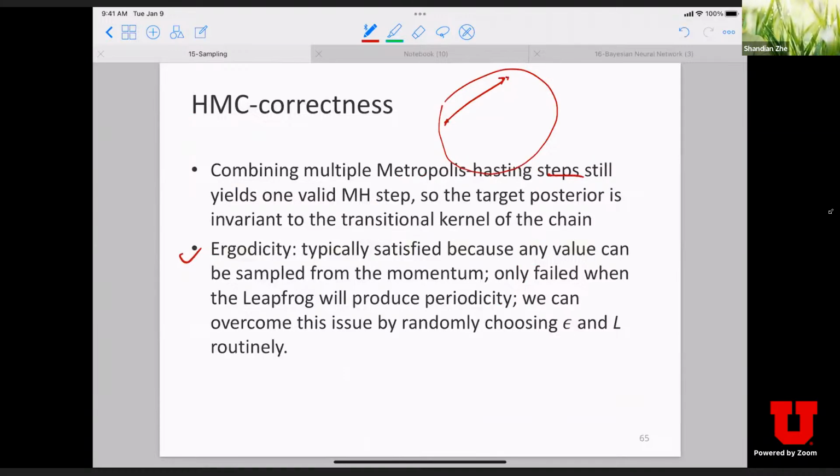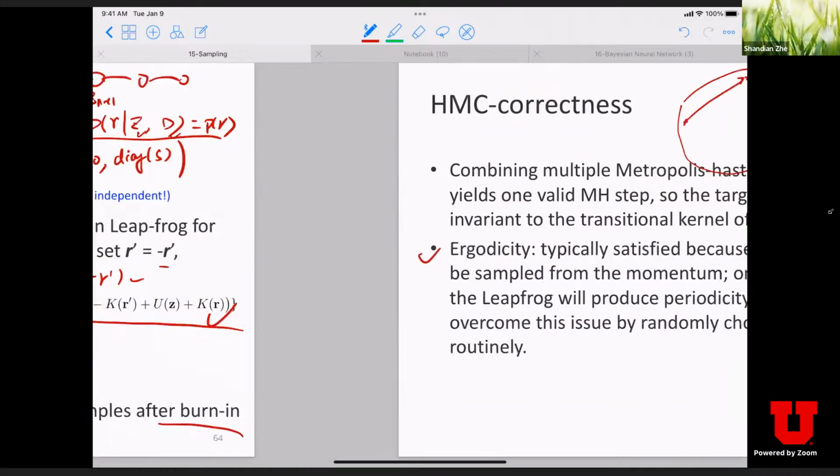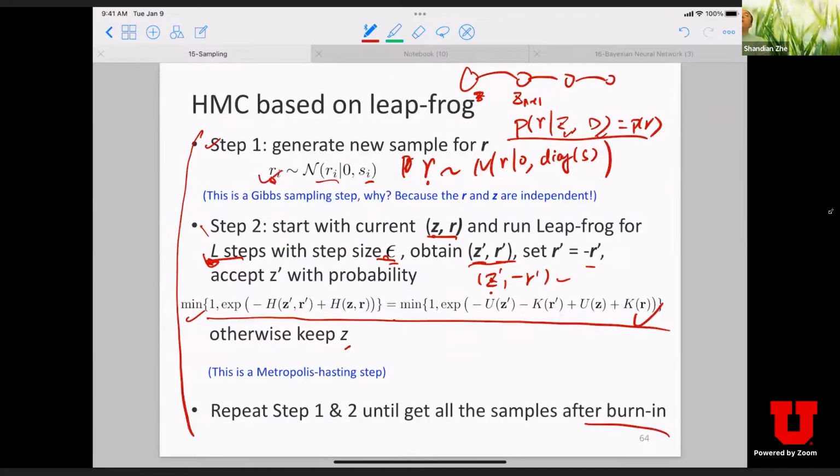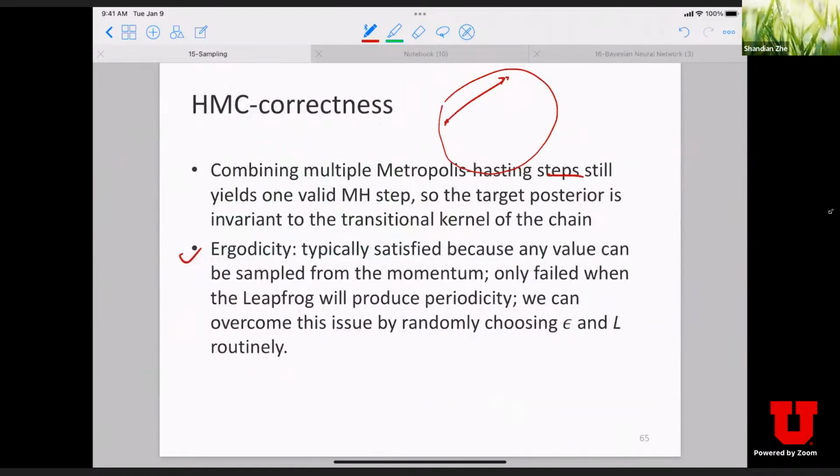In many cases, as long as the prior is flexible enough, meaning that your distribution has non-zero density value at any sample in the sample space, that should be fine. But if it happens that after you run a leapfrog, it has some periodical behavior, that means starting from this state, it will run, and then it returns to some previous state. Then it might cause some reducibility in your chain.